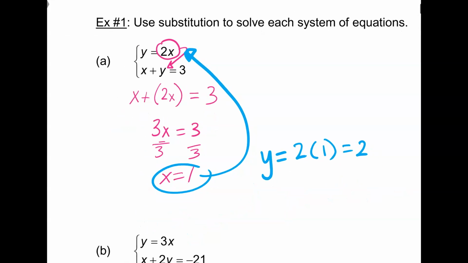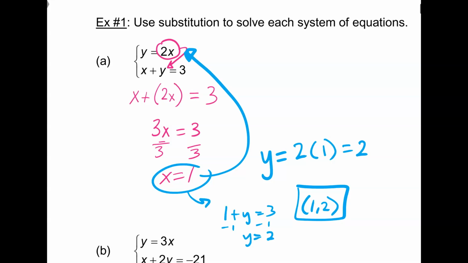So my solution is going to be 1, 2. We could plug it into the other equation too: 1 plus y equals 3, so I subtract 1 from both sides and get the same answer. I just plugged it into the top one because then I didn't have to rearrange.